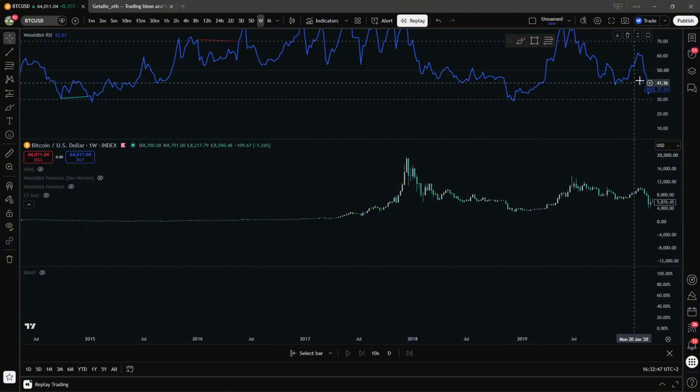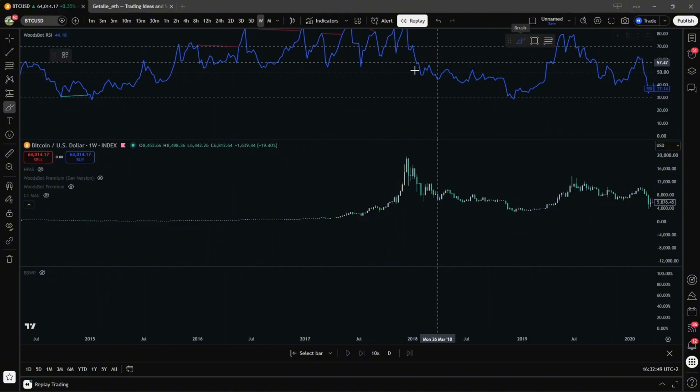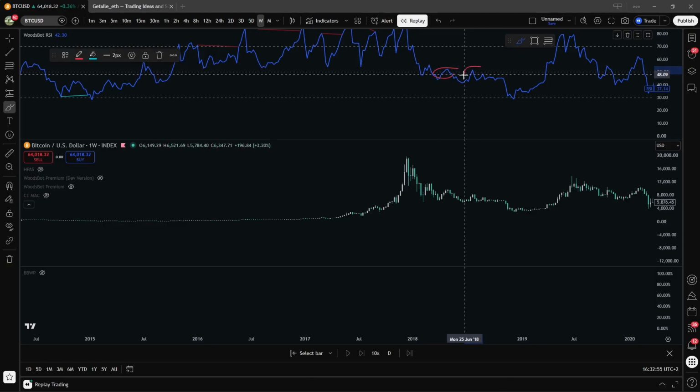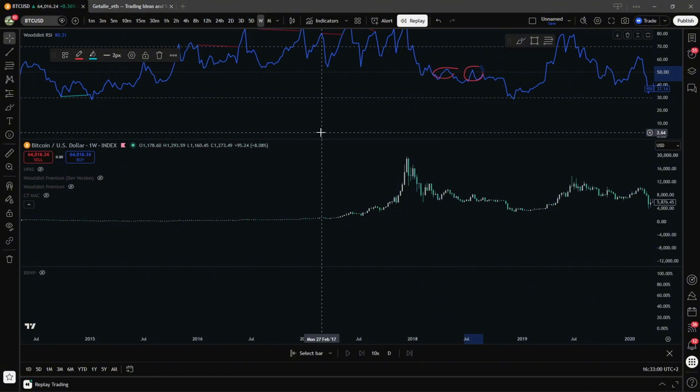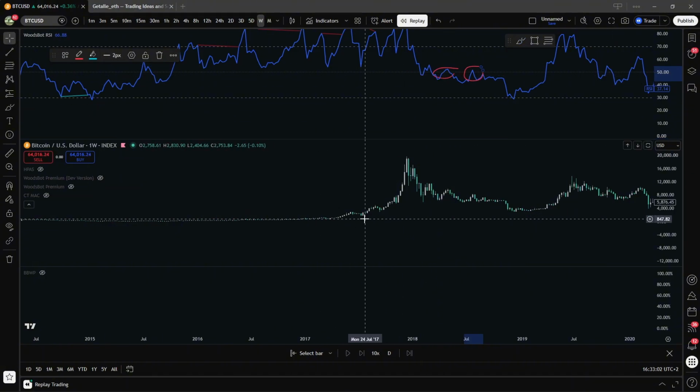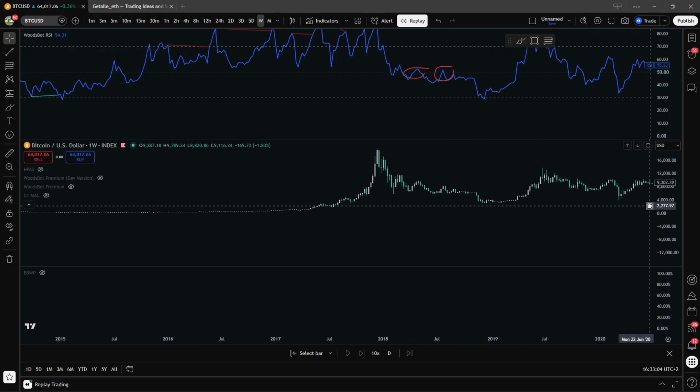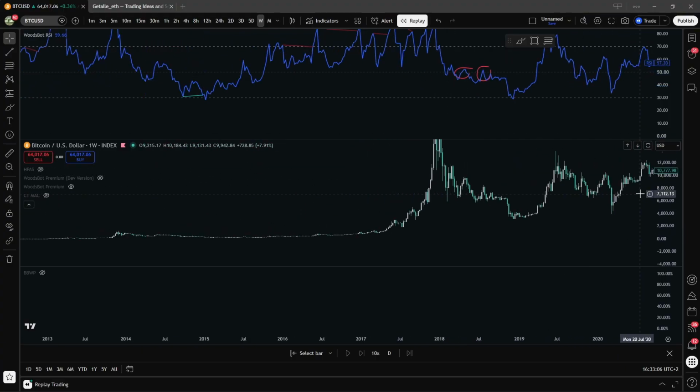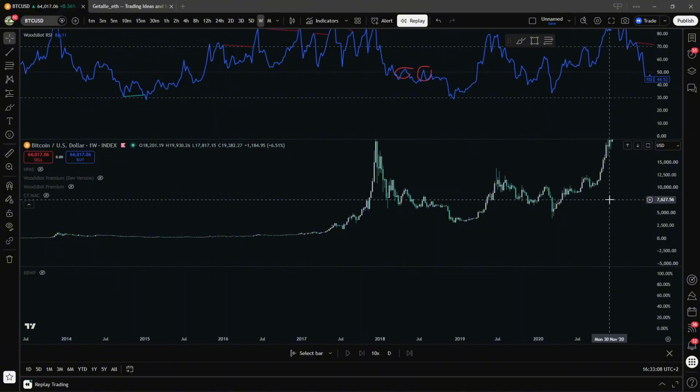You can see right afterwards, after the RSI accepted below the 50 mark for the first time, you can see this right here, right? The RSI is accepting under the 50 mark for the first time in almost 500 days. And this was a bearish signal in itself, just like price action. When price action is rejecting off resistance, it's bearish. The same way applies to the RSI indicator.